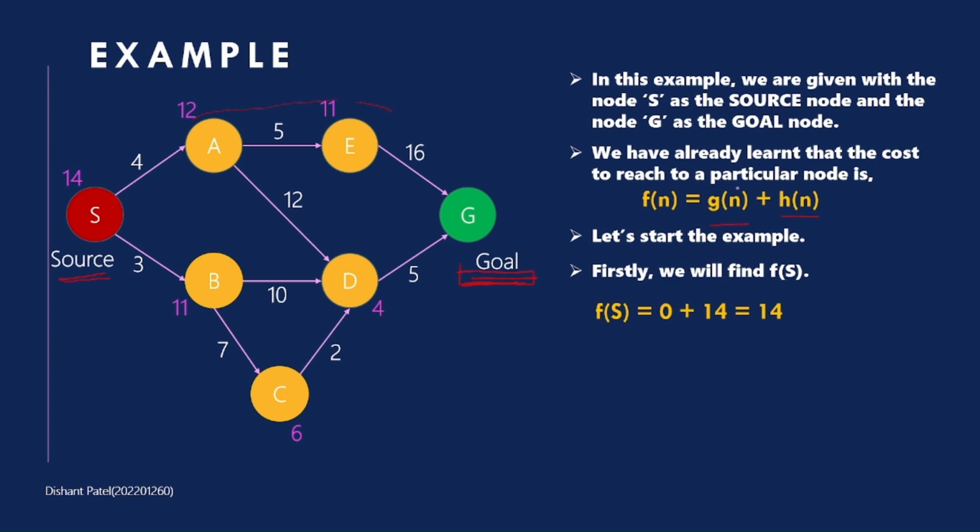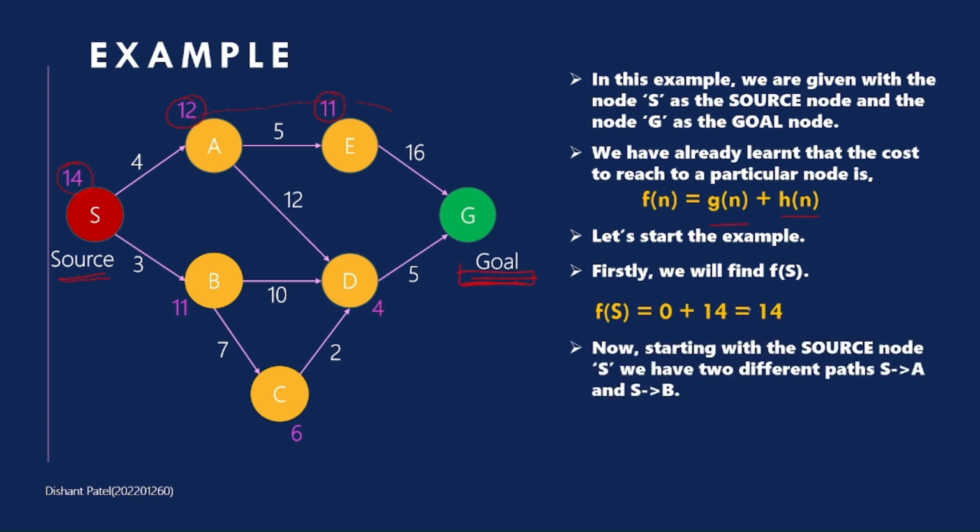As we know, g of s is 0 because the cost to reach the source node from the source node is 0, obviously, and all these purple colored values are the heuristic values of the particular nodes. The heuristic value of the source node is 14, so I have written it here. So f of s will become 14.